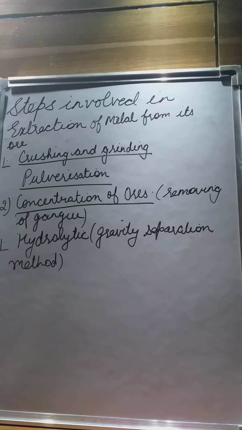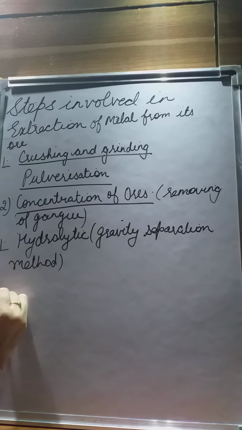In this method, the ore is poured over a sloping, vibrating, corrugated table with grooves, and a jet of water is allowed to flow over it. What will happen, students? The denser ore particles will settle down in the grooves, and the lighter gangue particles will get washed away by the water.